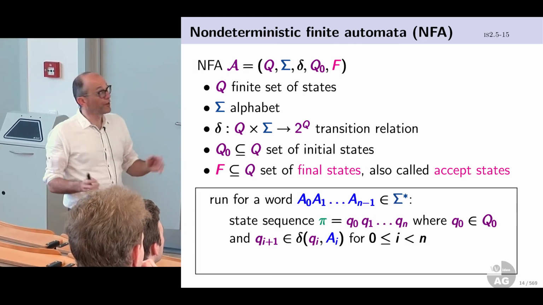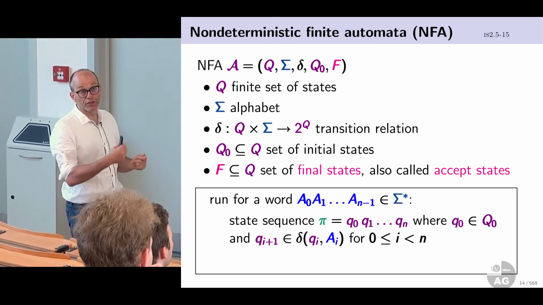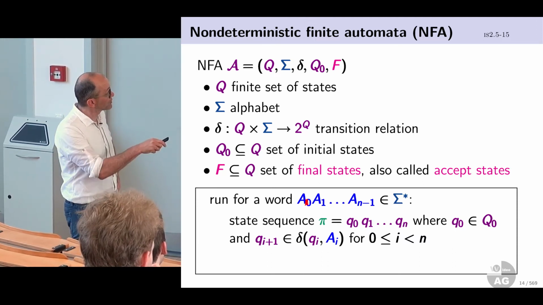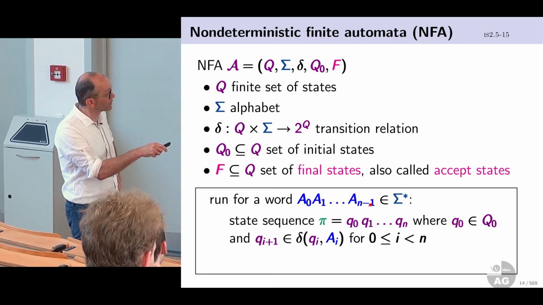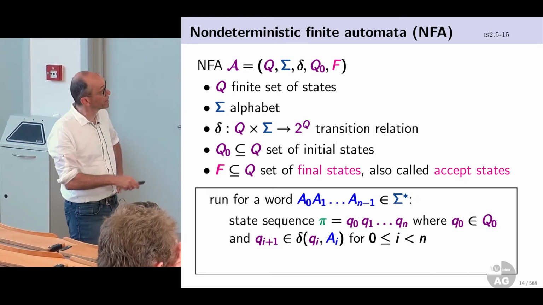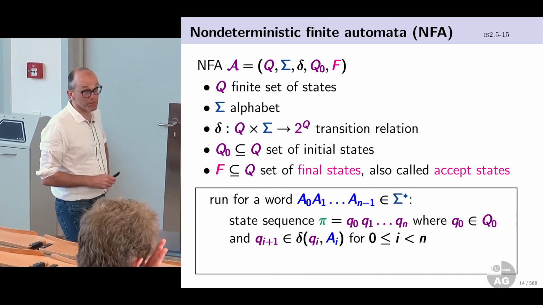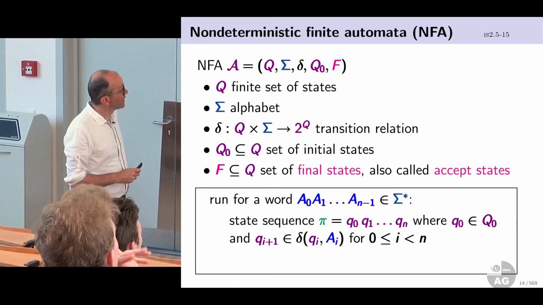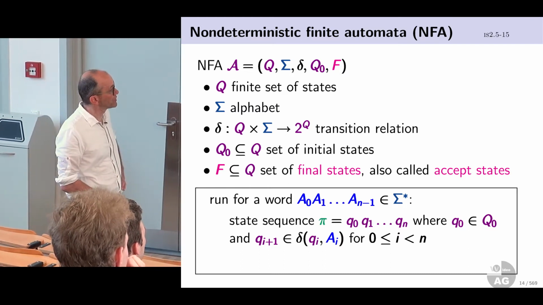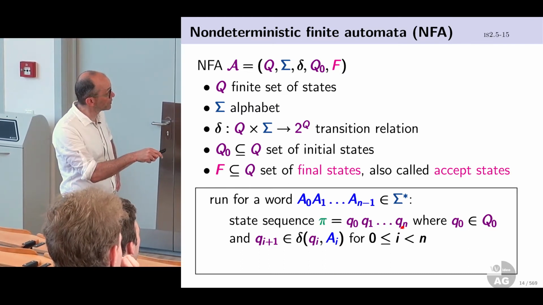We have the usual things. We have a run, so we can feed the automaton with a word. This word is a finite word, something of the form A0 to An-1, which of course belongs to the alphabet, so it's a string in the set sigma star. And then a run for this word is a state sequence of states in my automaton.